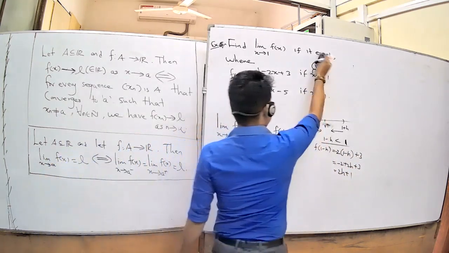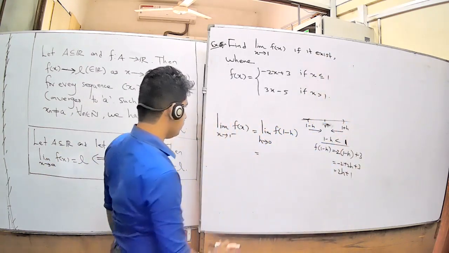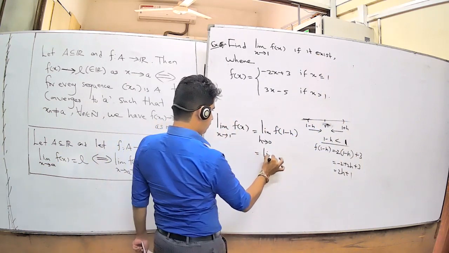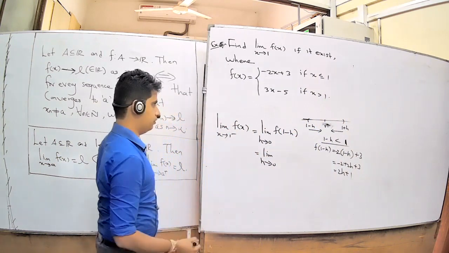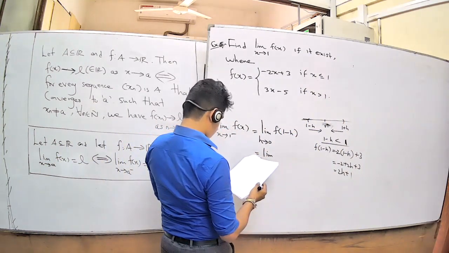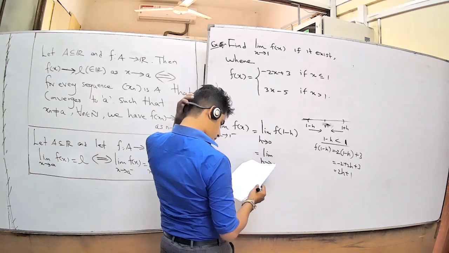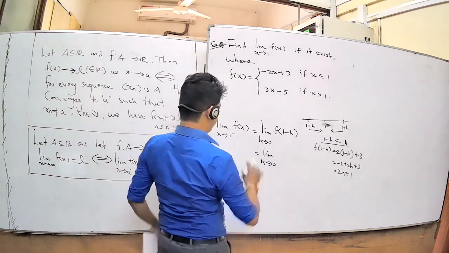Limit of h tends to 0. Here you change the variables.